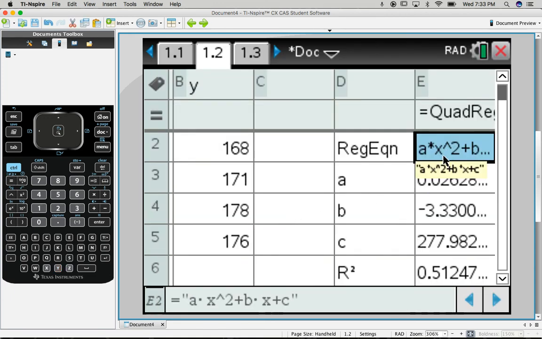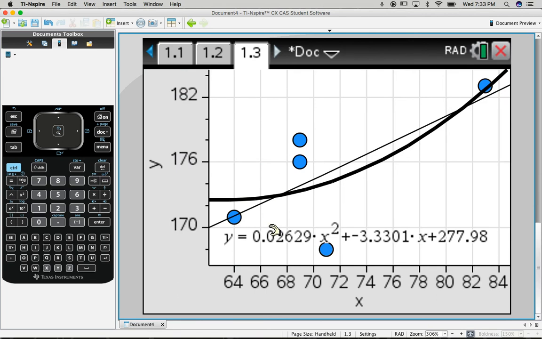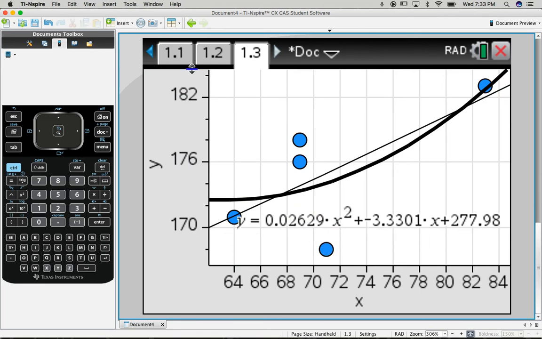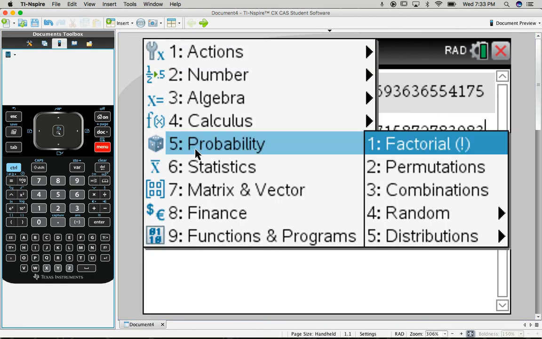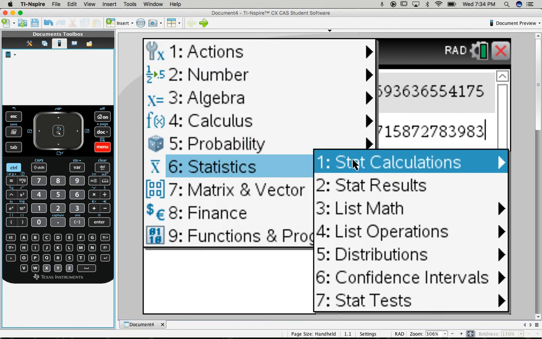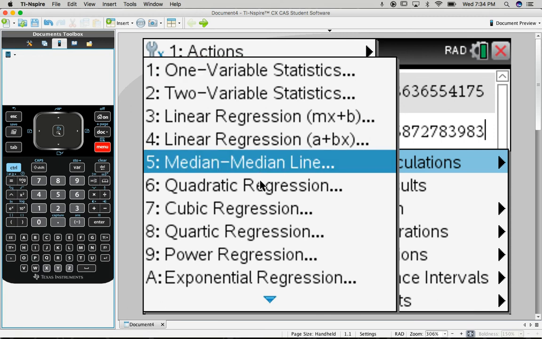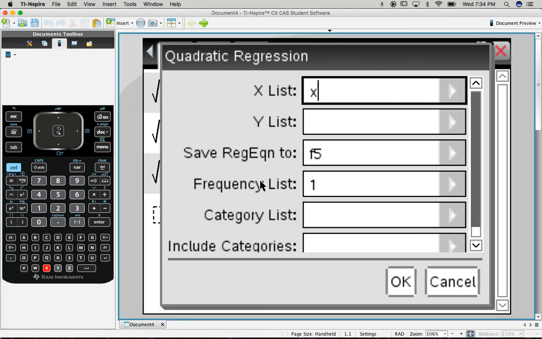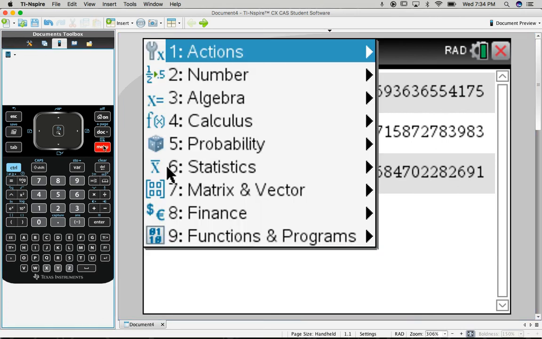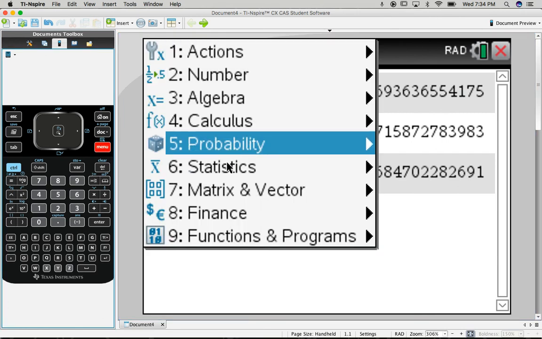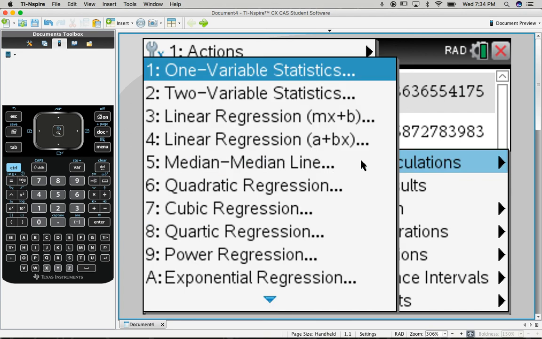If it's a little bit messy for you and you don't see the 0.026x squared the way you could see it here, you can actually do it from your home screen. This will be the last of the video. You can come over here and go to statistics. You can do stat calculations, and you can do a quadratic regression where this is X and Y, still X and Y. And here it can give you, let me show that one more time, basically your results right here on this screen.